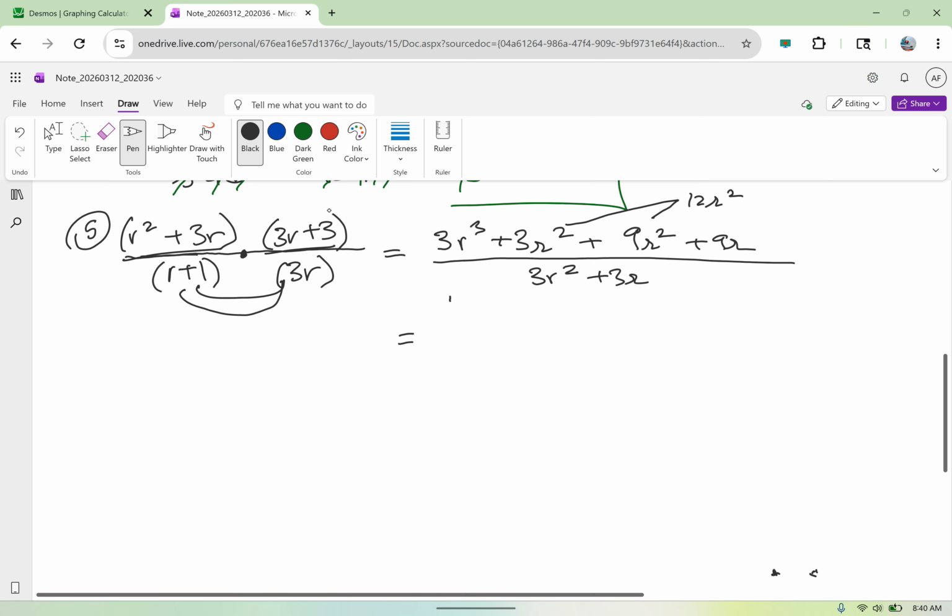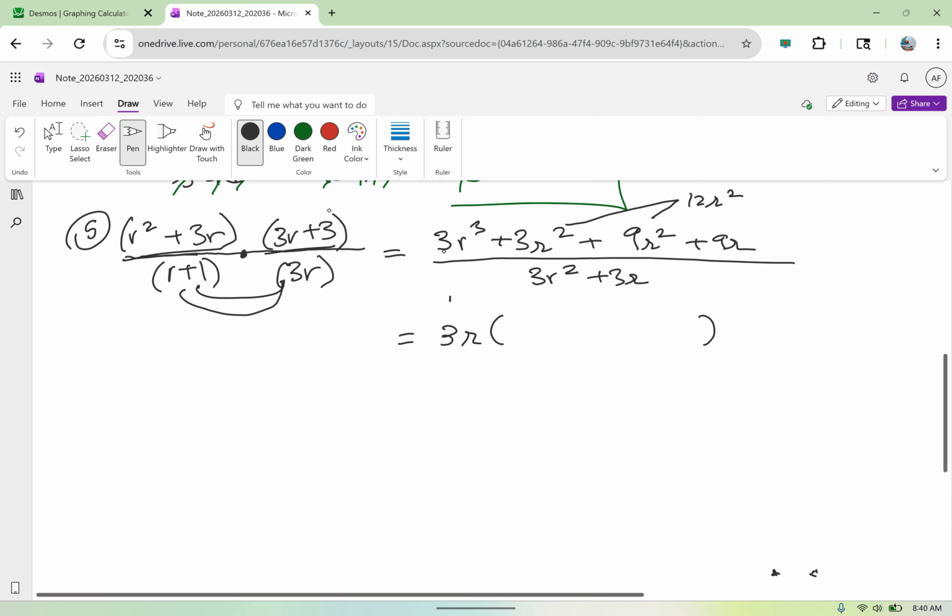And for our second line, we're going to now factor out the greatest common factor, which is 3r. And so that means you divide each term by the greatest common factor, and then what's left is written in here.